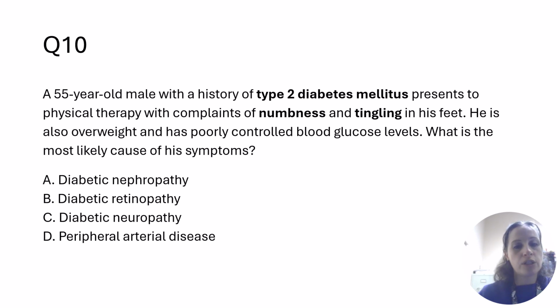While a patient who has PAD probably also has nerve issues and also has diabetes and they're all connected, you really want to be specific about the definitions of these things. And this is a nerve pathology or nerve condition, which is neuropathy because of the numbness and tingling.